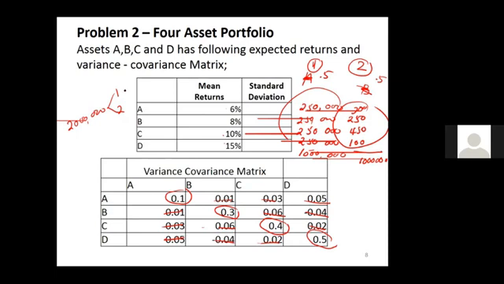In that case, whatever the proportions here, the components in each portfolio can be the same assets, A, B, C, D. Portfolio one also consists of A, B, C, D. Portfolio two also consists of the same assets here.